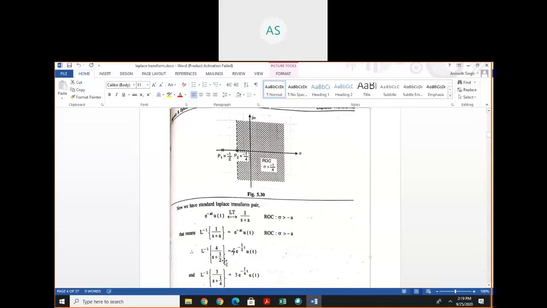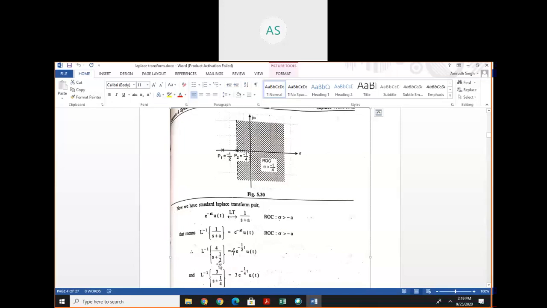It means that the inverse Laplace transform of 1 by s plus a is equal to e to the power minus at u(t), and the ROC is greater than minus a.